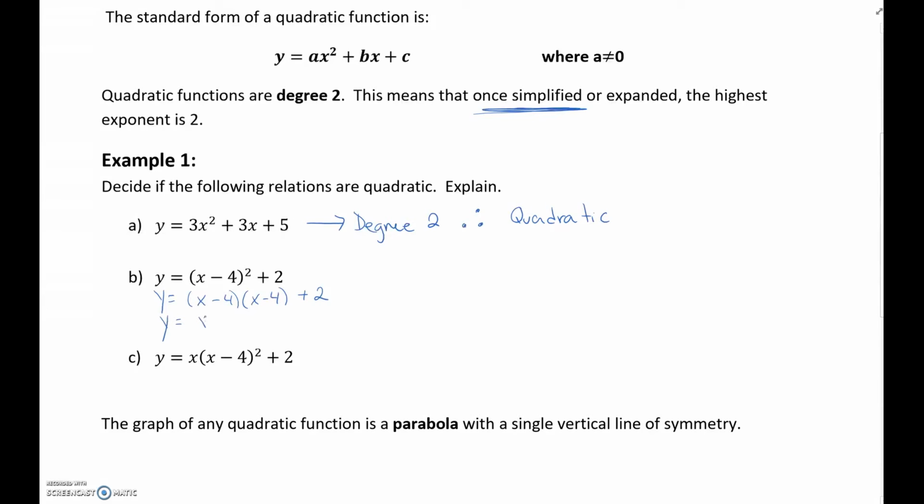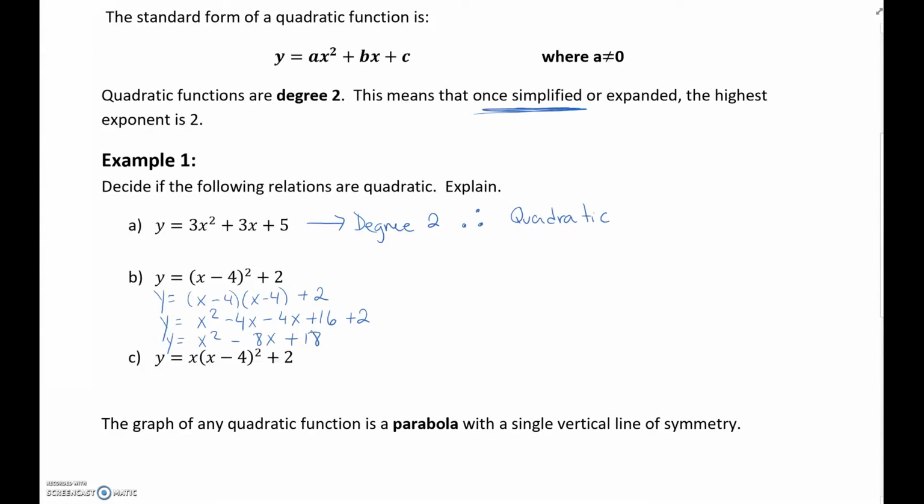X times x, that's your first, is x squared. Outside, x times negative 4, negative 4x, your inside, negative 4 times x, which will give you negative 4x, and then last, negative 4 times negative 4 would give you a positive 16. Add the 2 to the end. Simplified, this becomes x squared minus 8x plus 18.